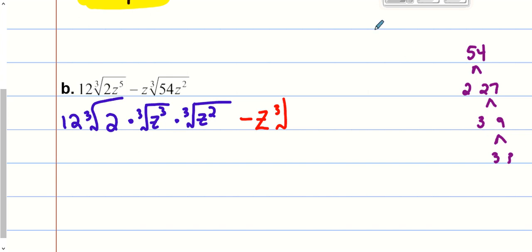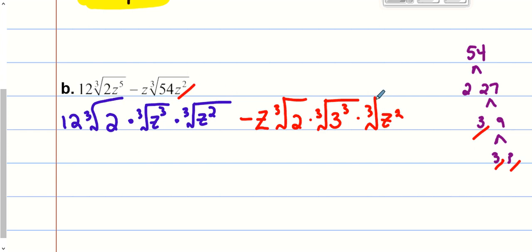So if I'm going to rewrite this, I've got the cube root of 2 times the cube root of 3 cubed, because there are 3 of them there. And then I've got the cube root, so times the cube root of z squared.